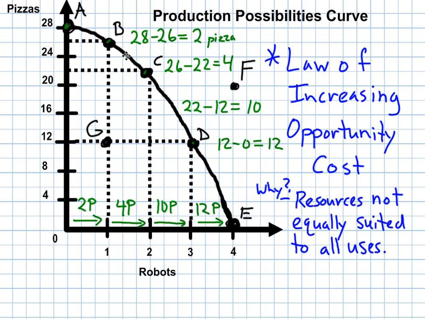That means you give up a lot of robots to get that next unit of pizza. And the same thing happened here as we forced more resources to make robots. Initially, we used things that didn't require us to give up much pizza, but as we forced some of those really good resources to make robots rather than pizzas, it meant that we gave up lots of pizzas to get those last incremental improvements in the number of robots.